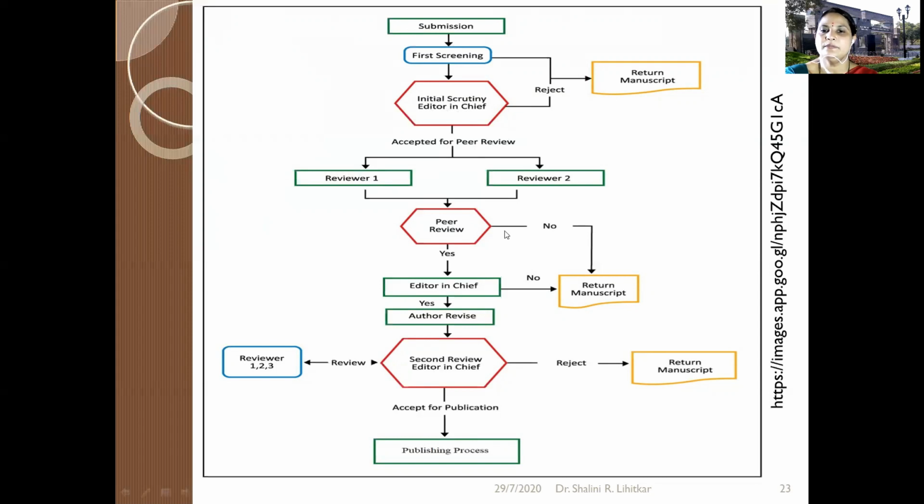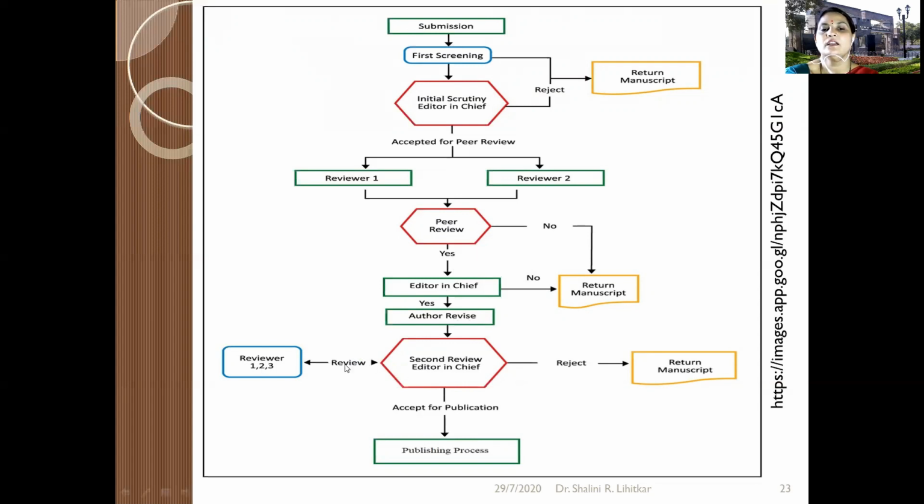After that, if the paper is rejected by both the reviewers, then they will return the manuscript. But if the paper is accepted by the reviewers, then the editor in chief will see whether the author has revised that paper or not, and based on that, if a second editor in chief is there, they will also send the paper to the reviewers.